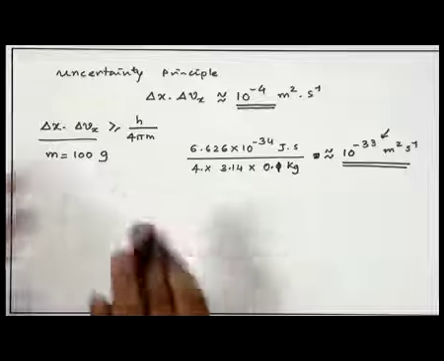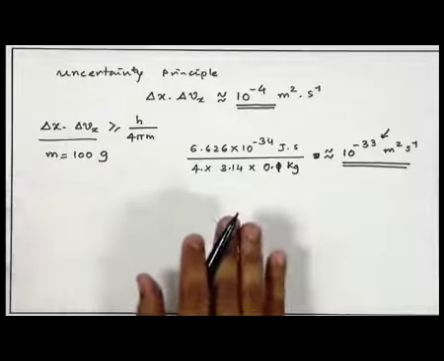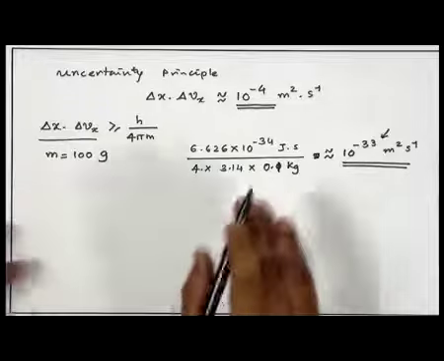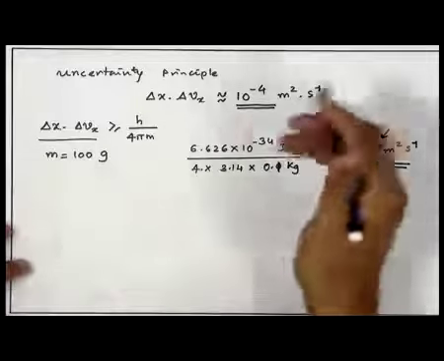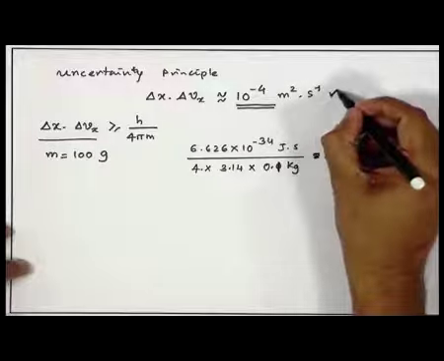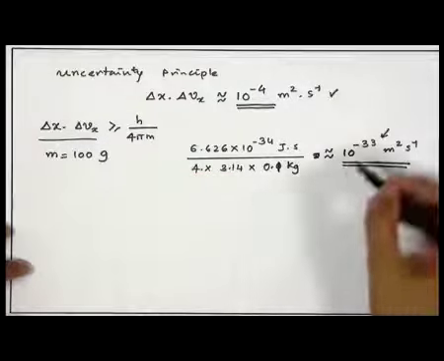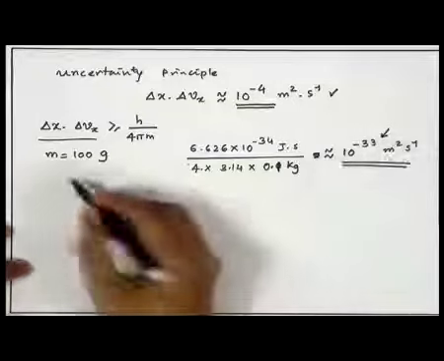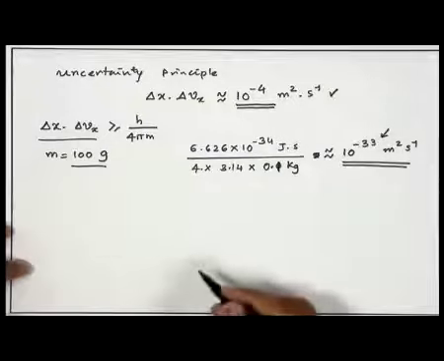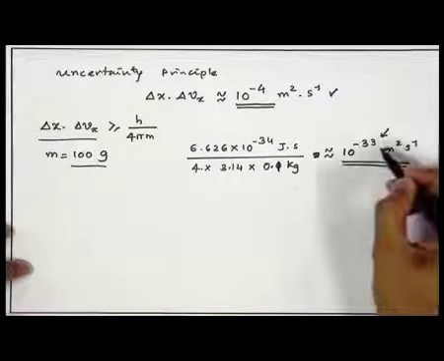So, you can see the uncertainty is extremely small, it is almost negligible for an everyday object. Therefore, the uncertainty principle is all right, but it has severe significance mostly for microscopic particles with very small mass. For everyday objects, when the mass becomes larger, even in the scale of grams or milligrams, the uncertainty principle can be safely ignored.